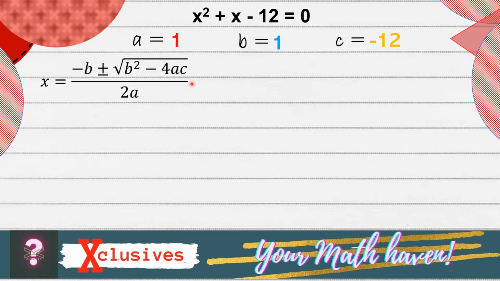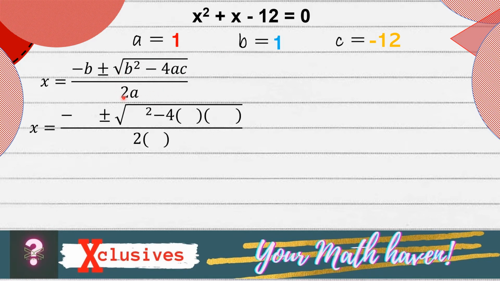Now using the quadratic formula, we are going to substitute the values of a, b, c on our formula. Now by substituting, we're going to start first with negative b.